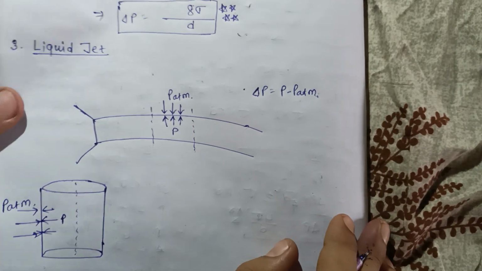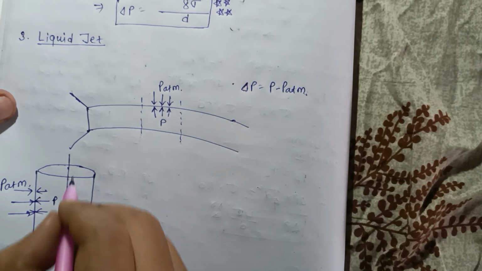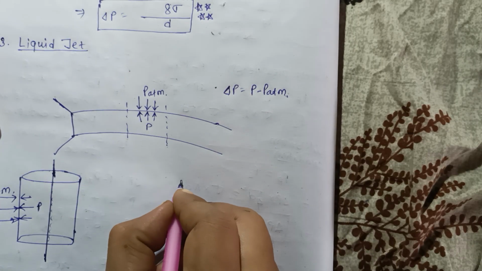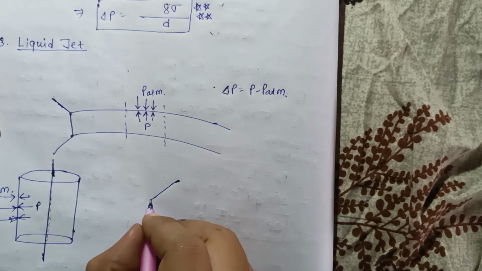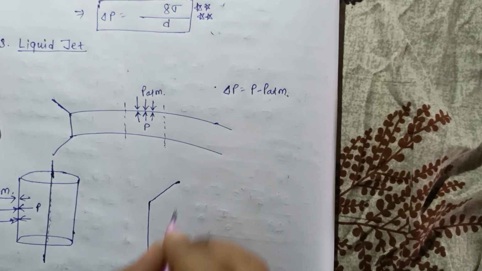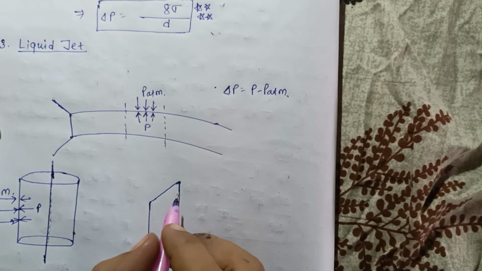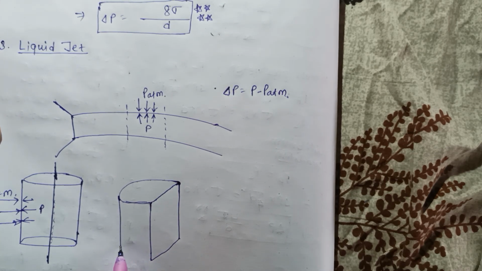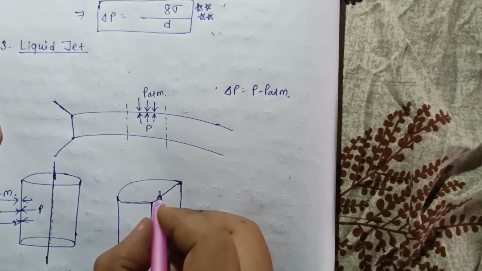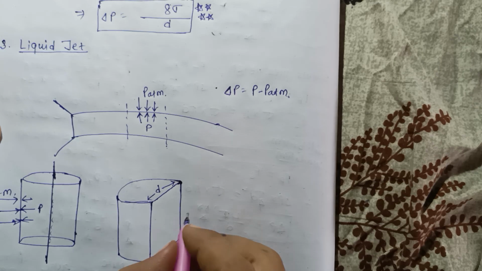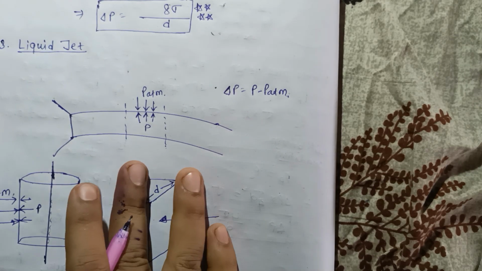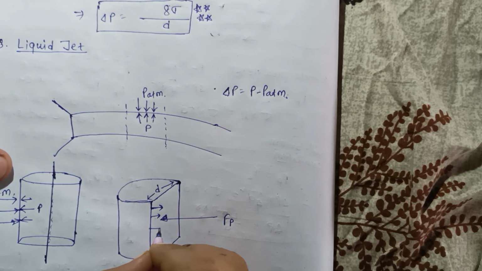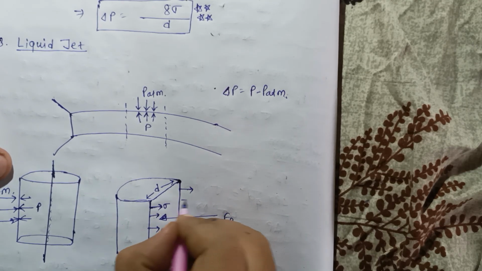If you focus on another section of this liquid jet, consider this is the diameter D. Here the pressure force AP, the projected force, is acting this way, and the surface tension force sigma is acting here and here also.